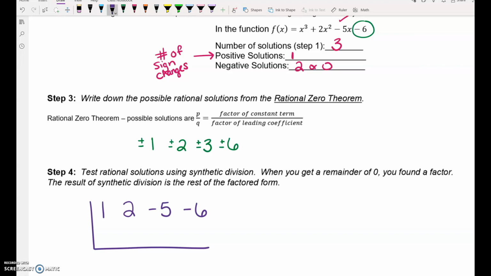So here's my strategy. I know that there is going to be one positive solution. There might be 0 negative solutions, but I know there's definitely one positive solution. So I am going to test the positive numbers. That kind of cuts down the amount of work I have to do. So the first thing I'm going to do is test positive 1. This is where you put the numbers that you are testing.